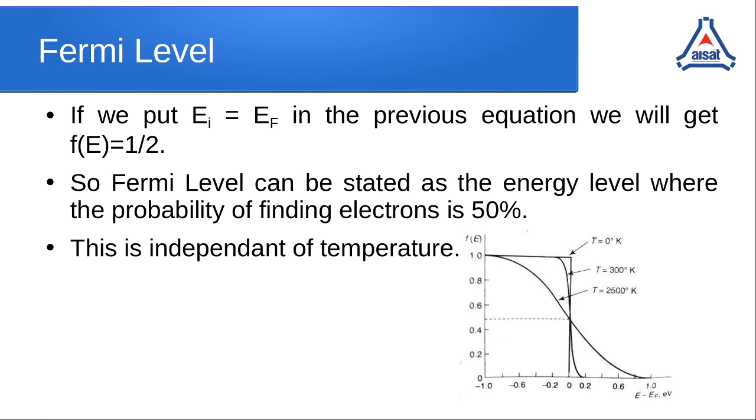Now look at the graph plotted. At 0 degree Kelvin, we have a square box which shows that we will find all the electrons below that 0 electron volt value, or when Ei is equal to Ef.